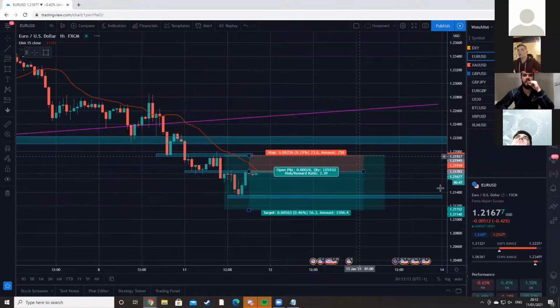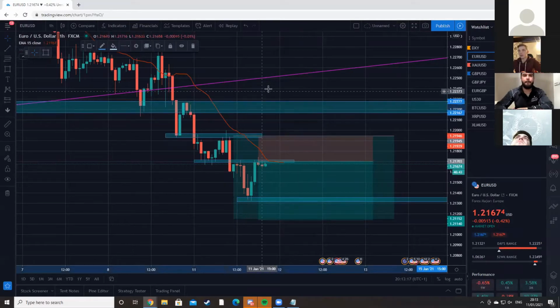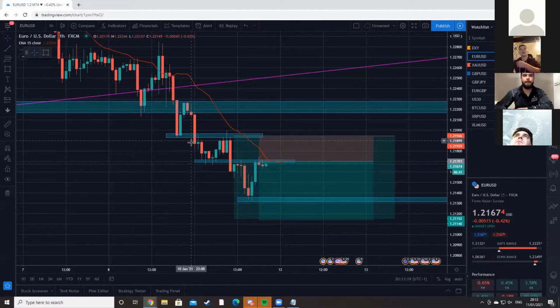In the 1 hour, we can see that we made lower lows and lower highs.